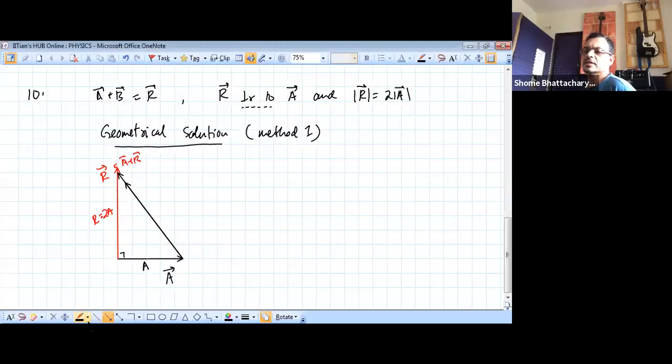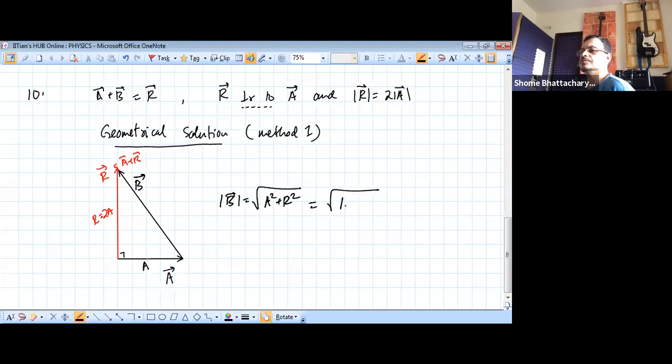Just a second, guys. I'll share this in a minute. Yeah. So my vector B will be this one. Now whatever I want to find in this triangle is easy by this. So you have to find the magnitude of B. The magnitude of B will become root of magnitude of A square plus R square.